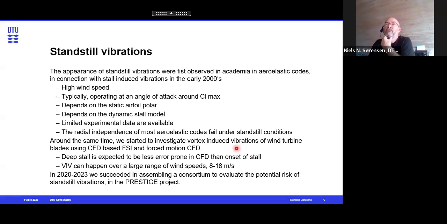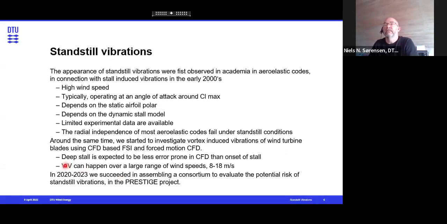We focused a lot on the vortex-induced phenomena, and that was partially due to the belief, and I think I still agree with that assumption, that deep stall is easier to predict with the CFD method than the onset of stall. Therefore, we expect fewer problems capturing the right physics if we stay in deep stall.